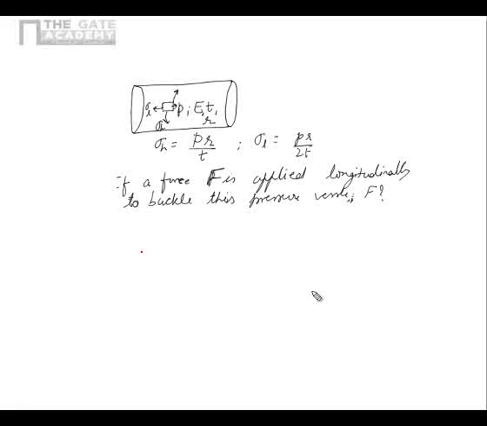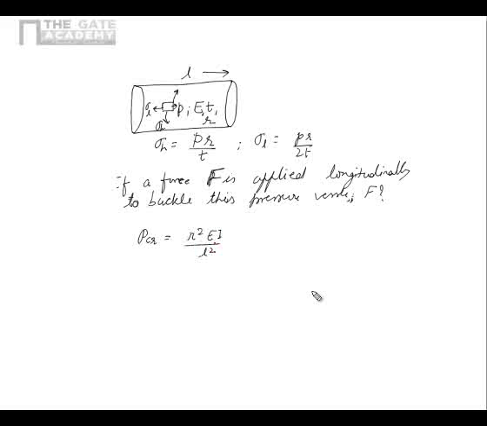Now let us see what is the critical buckling load for this. Assume that it is a simply supported structure and this length is L. Let us assume those conditions. So the critical load will be equal to pi square EI upon L square.